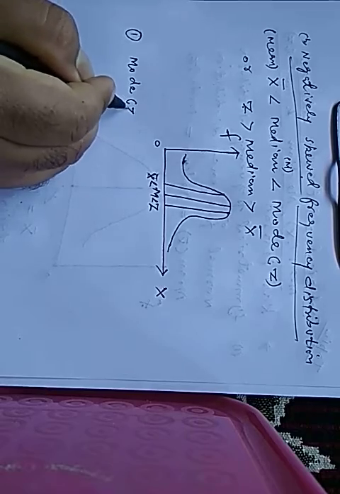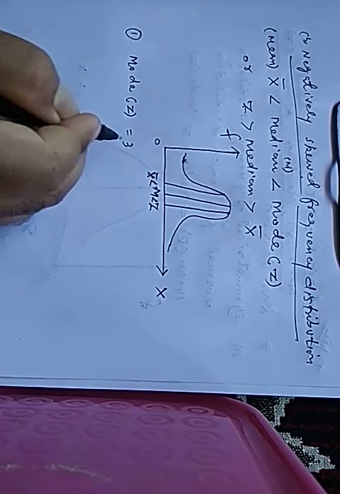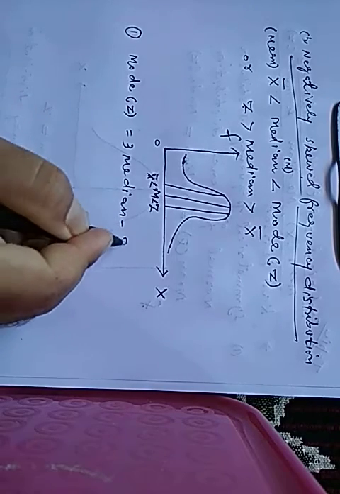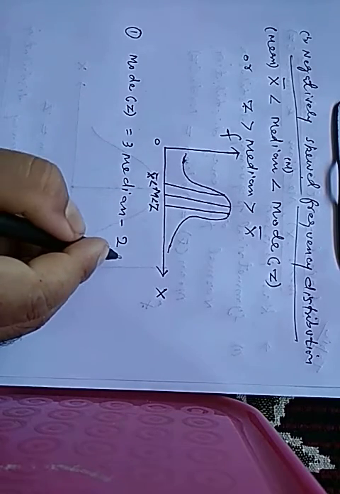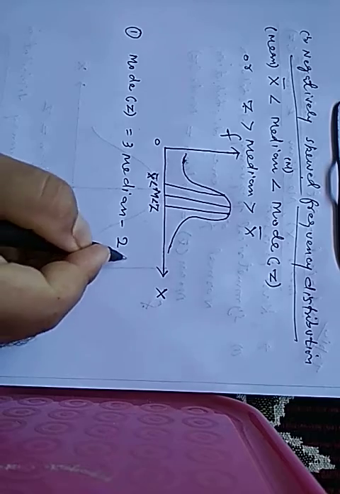Number one, mode is equal to 3 median minus 2 mean, x bar.